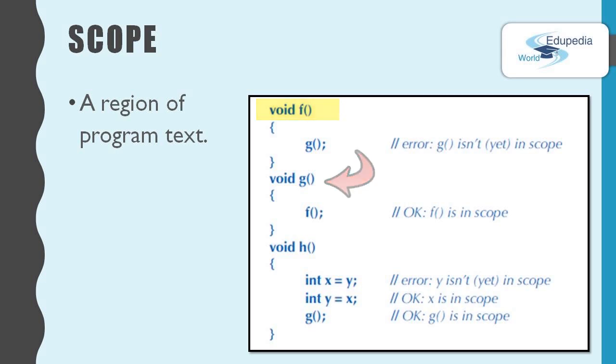But when g calls f, as the declaration of f is above the usage, there wouldn't be an error. You can proceed. But again there would be an error when f is calling g. So I hope you got the basic idea of what scope is.